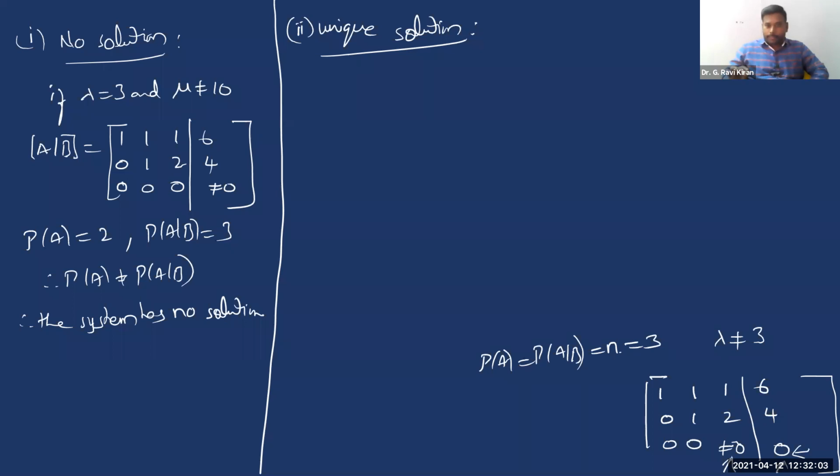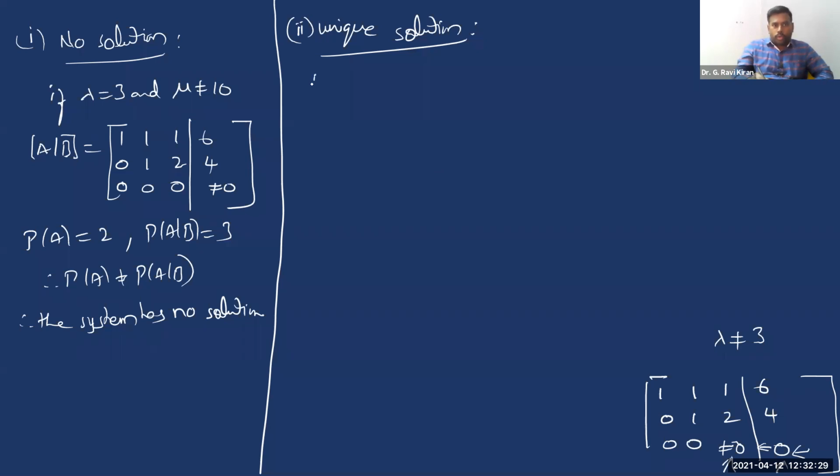There are 3 only, right? Because you have a non-zero element before this 0, you can say that is a non-zero row. So it is enough if you take lambda not equal to 3, and for any value of mu we'll get 3 non-zero rows.